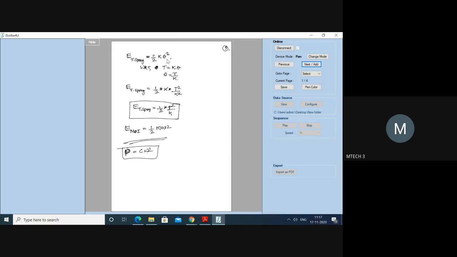Express them mathematically. Express mathematically the equation for force and energy or power stored.